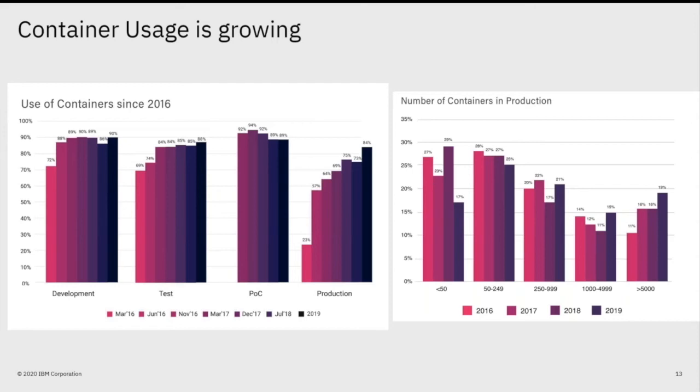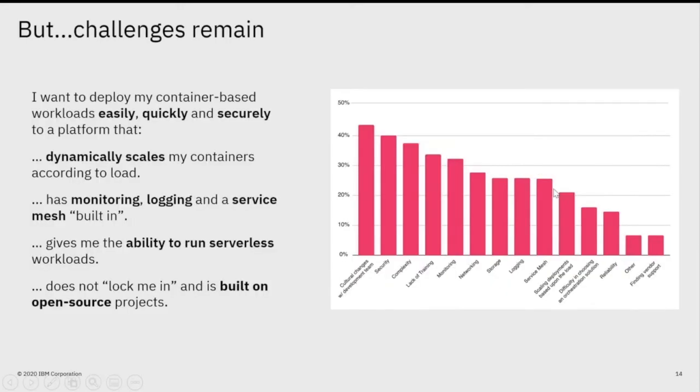This is basically the use of containers in production, and we are seeing that growth. So containers are definitely a technology that people are starting to adopt and understand the benefits of, and we're starting to see a much higher footprint of larger container environments within our customer base. We're seeing the growth of 5,000 plus container environments, but there are still challenges that remain with using that. Kubernetes provides quite a sizable overhead for development teams and for operations teams.